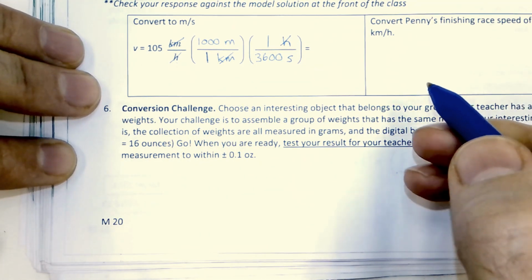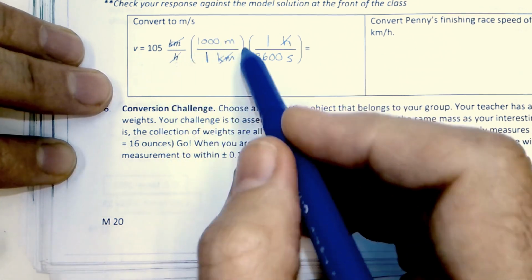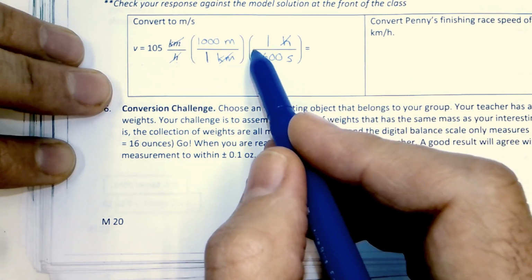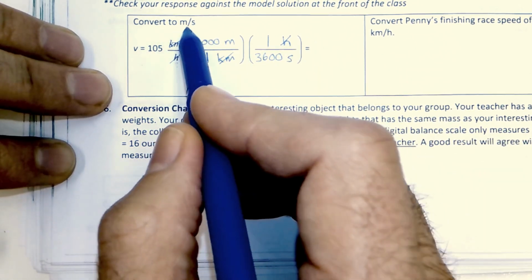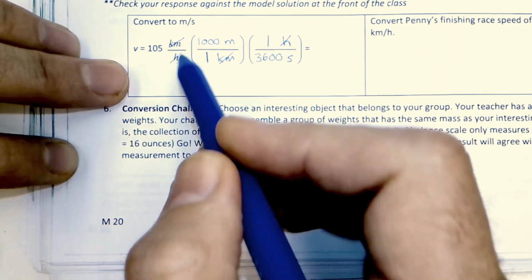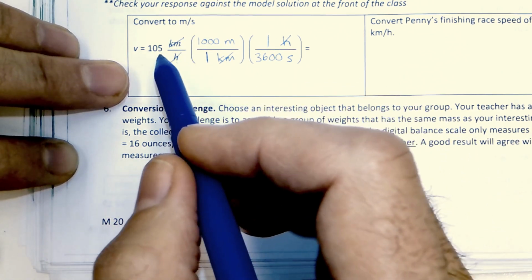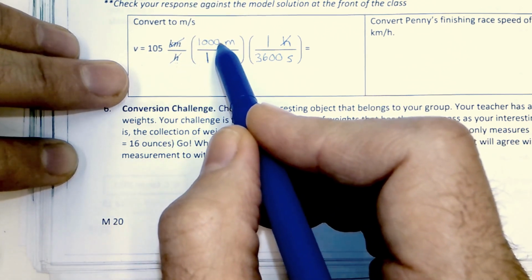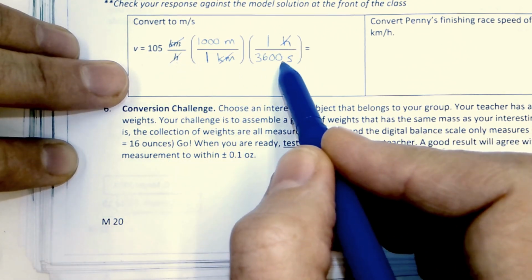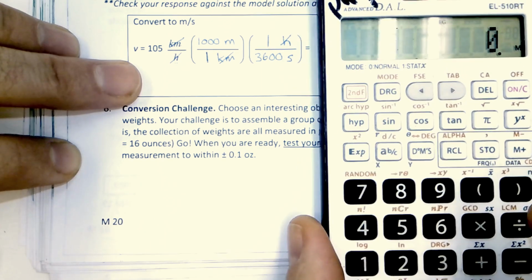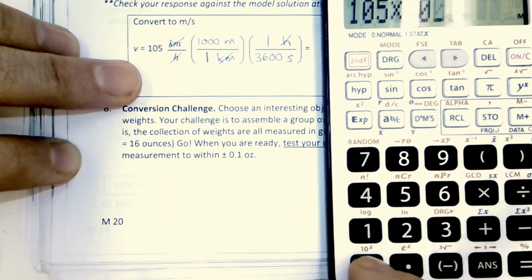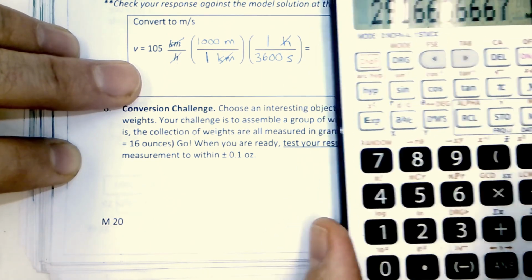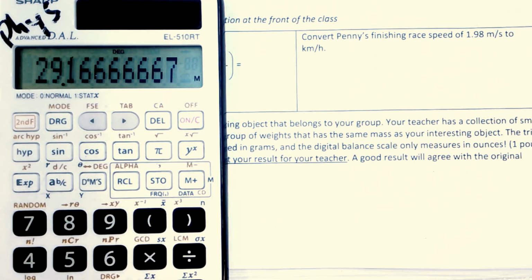And let's take a look. The units that we're left with are meters divided by seconds. That's our goal. Now in our calculator, we'll put 105 times 1,000 divided by 3,600. So here's our calculated result.